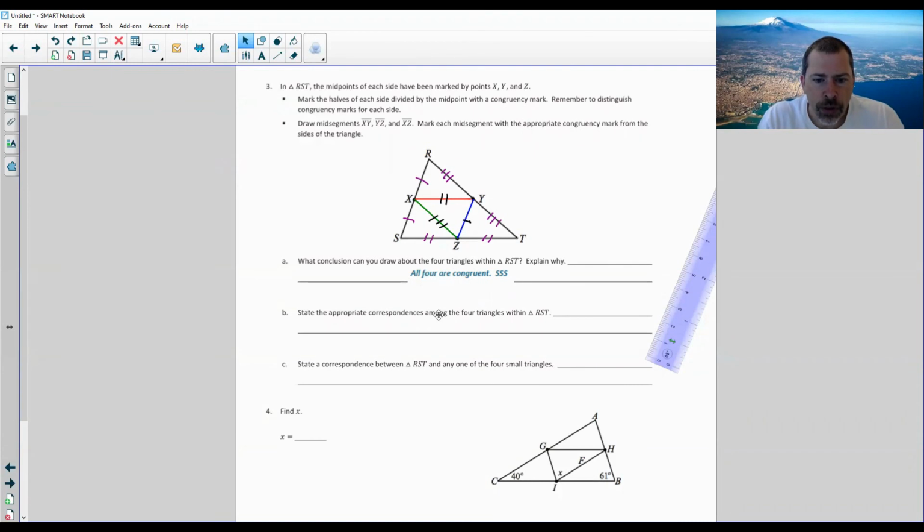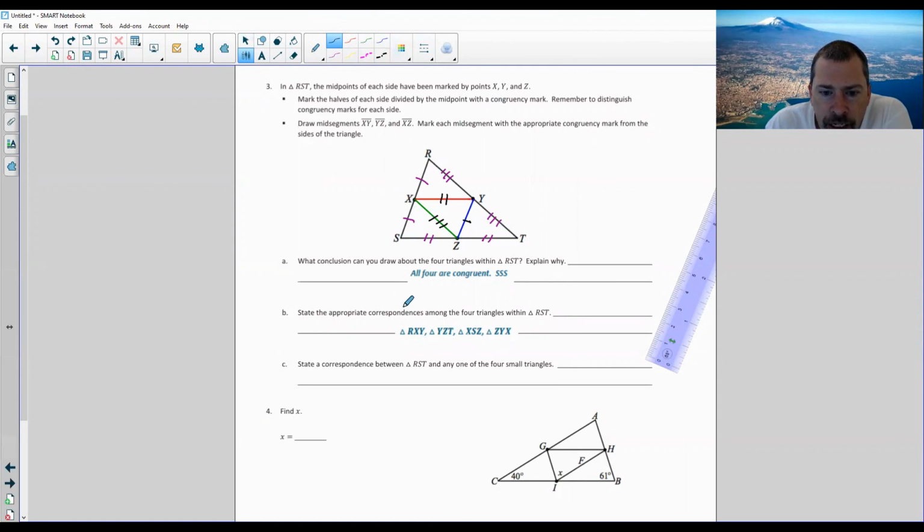State the appropriate correspondences among the four triangles with triangle RST. Okay, I've kind of already said it, so I'll just bring in the text. Okay, so all four triangles are congruent, but we want to name them in the proper order. So if we are going to be saying RST, we went from here to here to here.